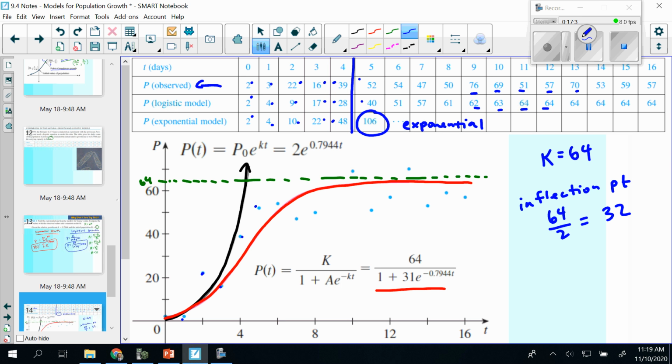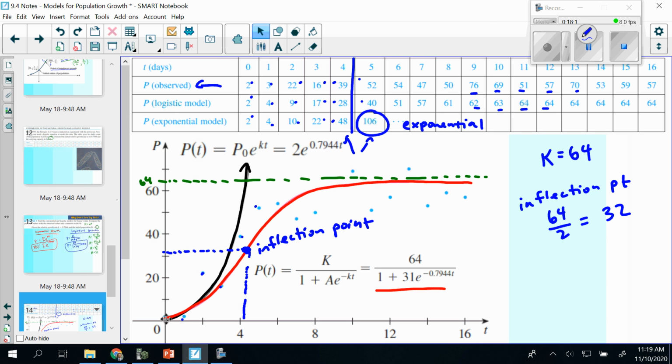So where 32 is here, which would be somewhere around here, that's where our inflection point would be. That would be the point at which the amount of growth is increasing the fastest. And it looks like it would occur really close to 4 days. Somewhere right around 4 days is when that would be happening. And we could see from up here, yeah, that must be true when we jump from what we had here to what we had here. Looks like that is when the growth was occurring the fastest.